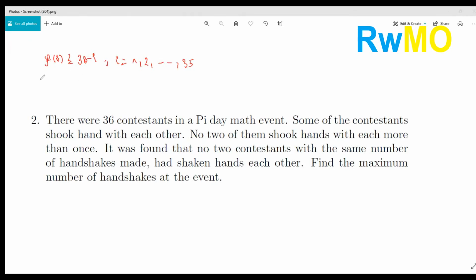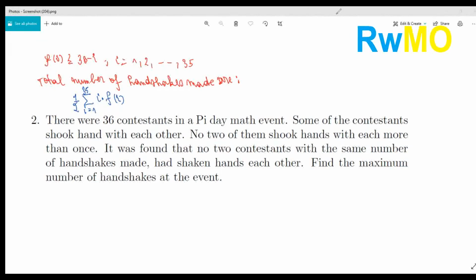Now the total number of handshakes made is 1/2 times the summation as i goes from 1 to 35 of i times f of i.